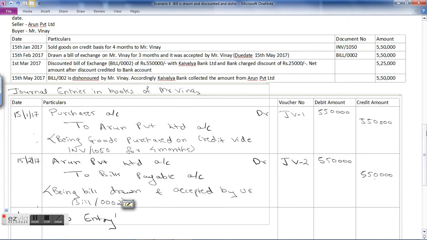Okay, then on 15th May 2017, we have dishonored the bill, that is Mr. Vinay has dishonored the bill and the Kaivalya Bank collected the amount from Arun Private Limited. Now that Kaivalya Bank collected amount from Arun Private Limited, that is not our concern. Okay, so in the books of Mr. Vinay, the concern is we have dishonored the bill.